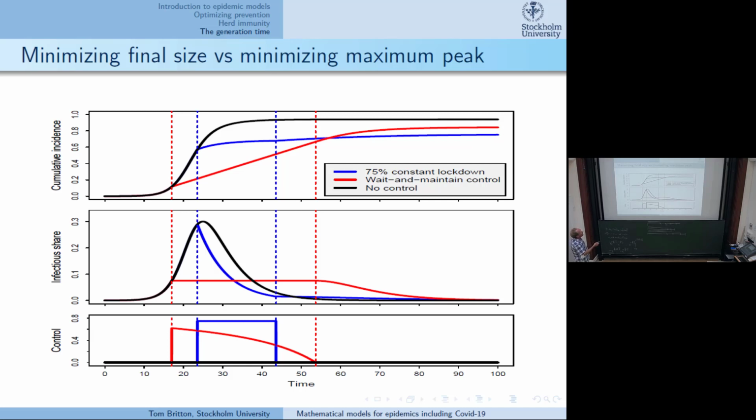So we modify the problem and say among all prevention strategies that never exceed a 75% lockdown. Okay, I see. Then the best solution is to actually use a 75% lockdown. So you always should go up to what is possible, and then you do this for a constant period. Yes, so actually the control saturates on that window. That's what I was asking. Okay, thanks.